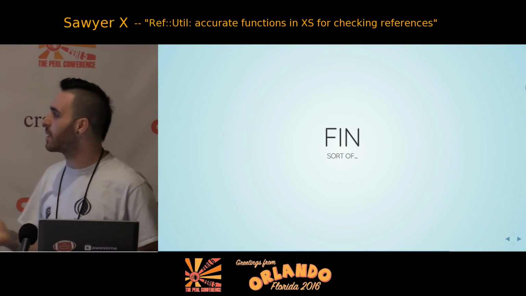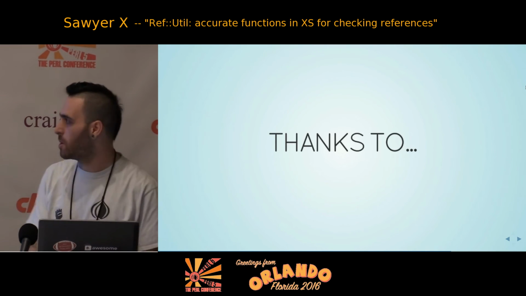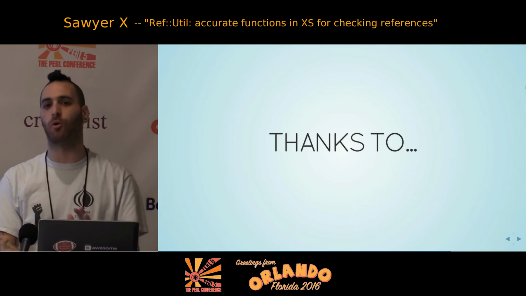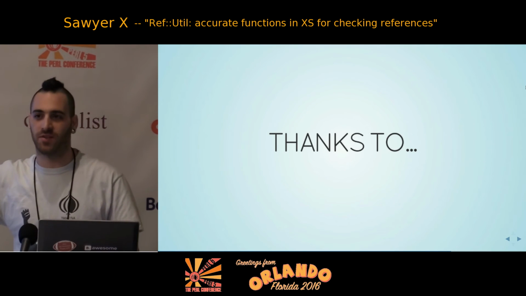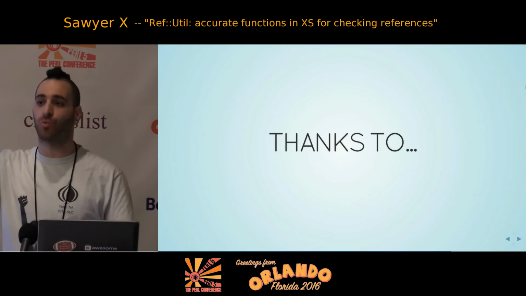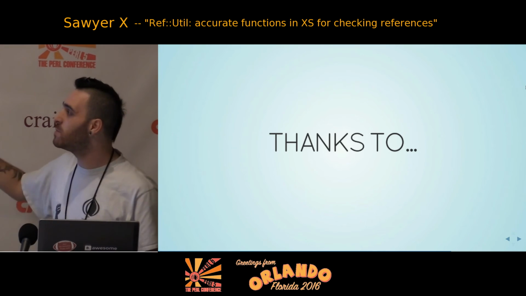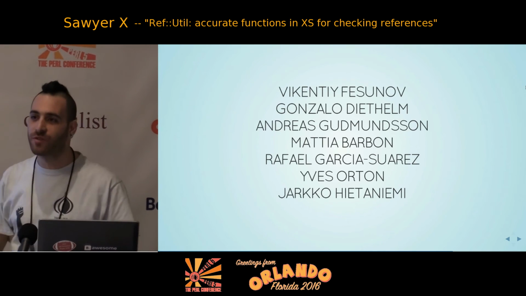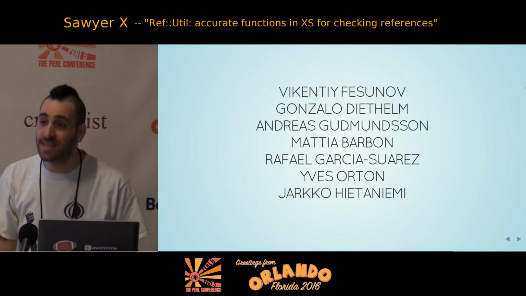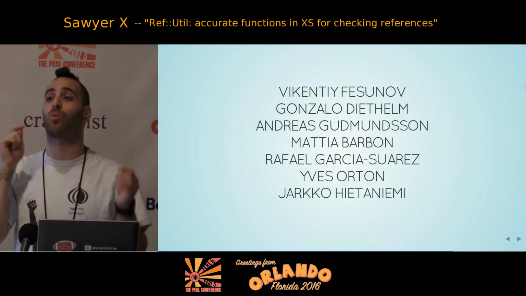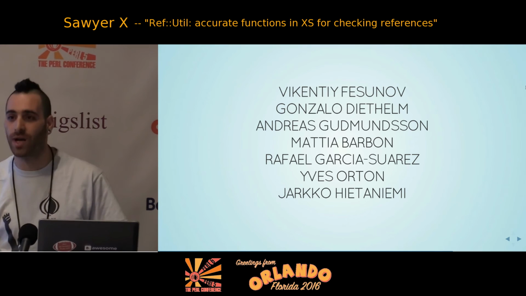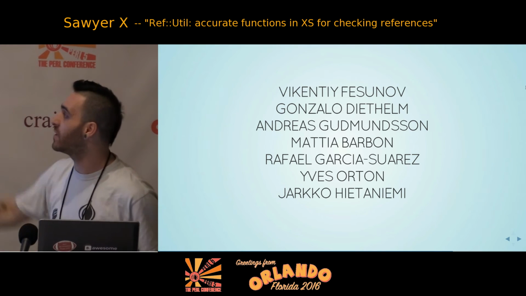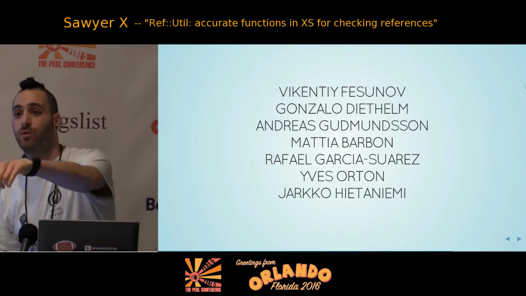So I wrote this thing. First of all, before I finish, I want to thank a bunch of people. I'm not smart enough to write this. Other people are smart enough to write this and to explain it to me. And all of these people have been involved in helping me figure this out, understand it, write it, test it, understand what I wrote, understand why it didn't work, then understand how to fix it and why it then works. And Vikenting is actually sitting right here.